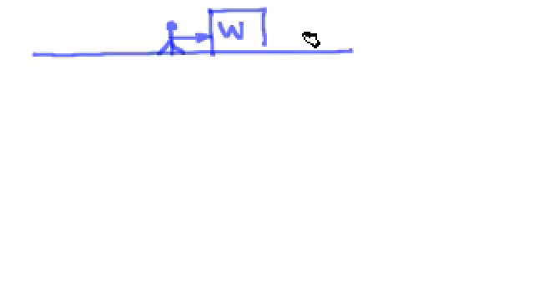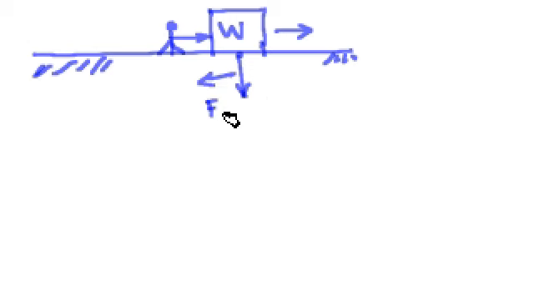There's a force which I'm applying to the block of wood to push it in this direction. And let us see what's going to happen. Now this is of course the floor. The wood applies a downward pressure which results in a friction in this direction, which is Fw.